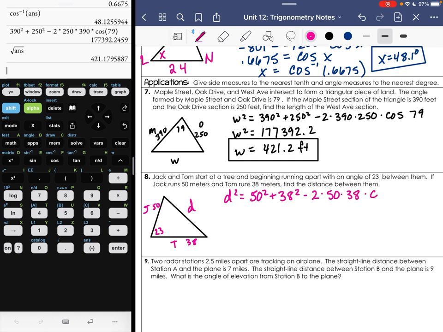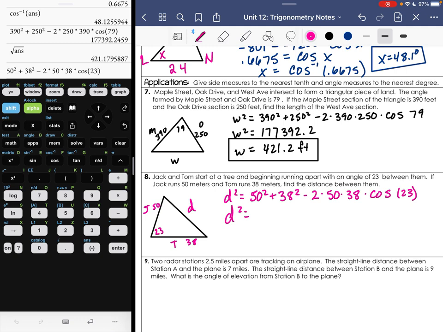And then because somebody there had a protractor, they know that they were running 23 degrees away from each other, because that's real life. So then we're going to do 50 squared plus 38 squared minus 2 times 50 times 38 times the cosine of 23.